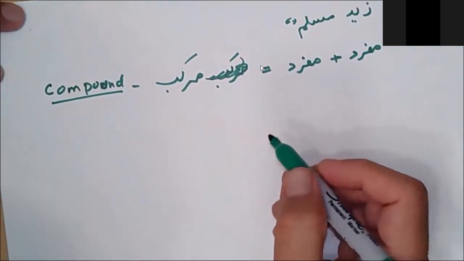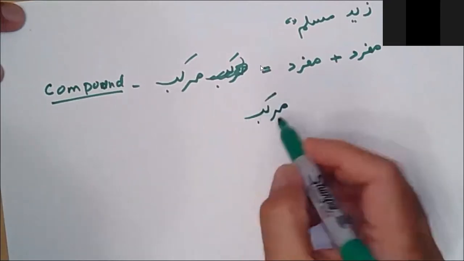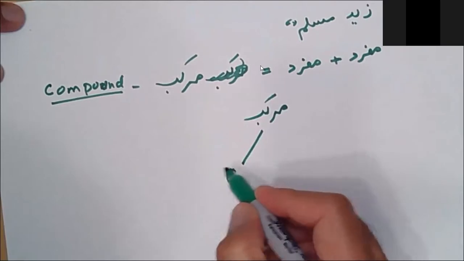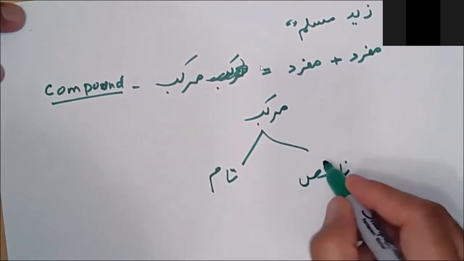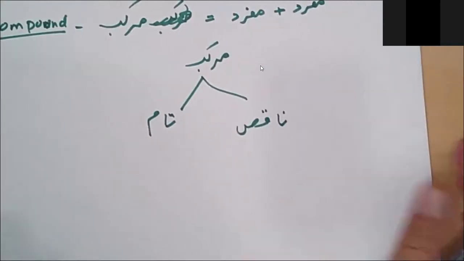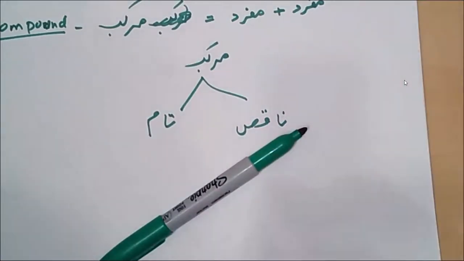In Arabic, we have 2 kinds of murakkabat. So murakkab, we have murakkab tam and murakkab naqis. How many kinds of murakkab do we have? Two.